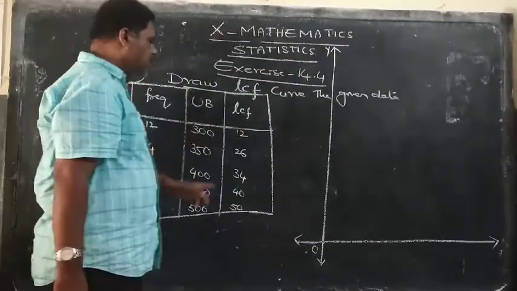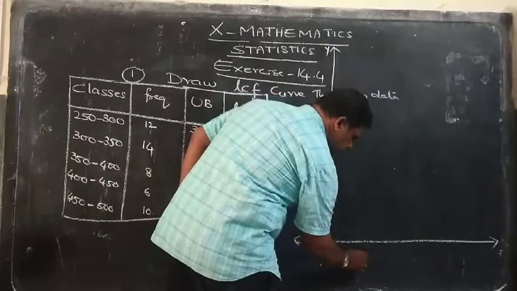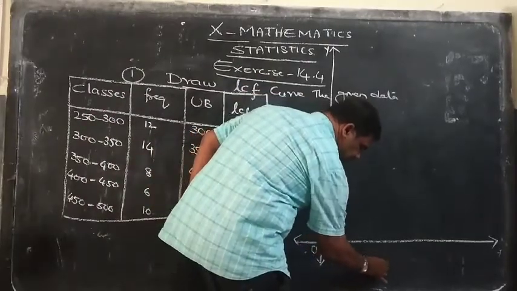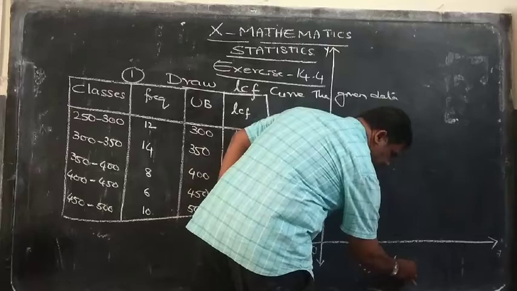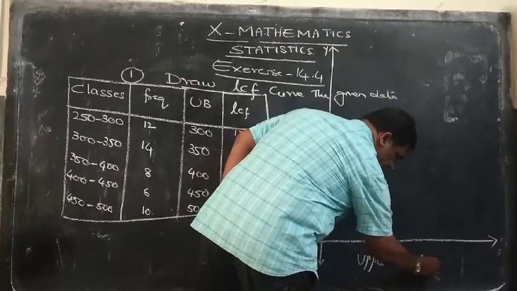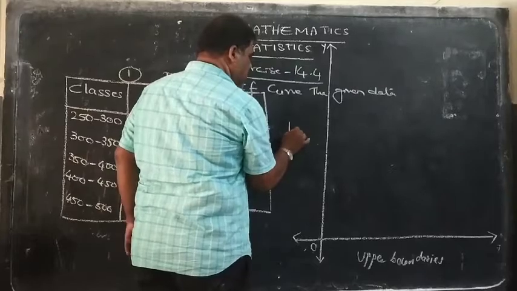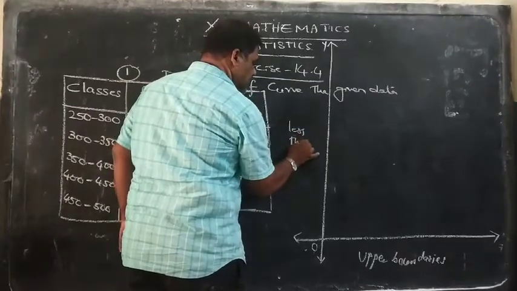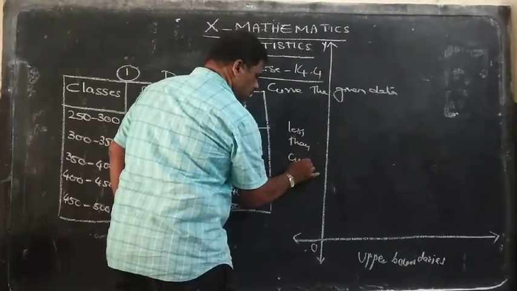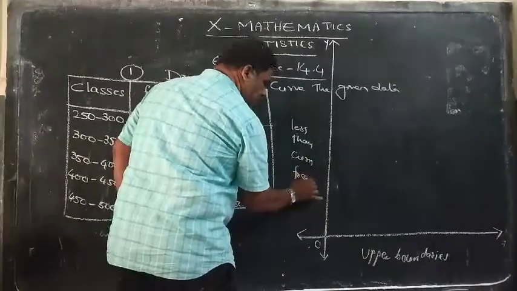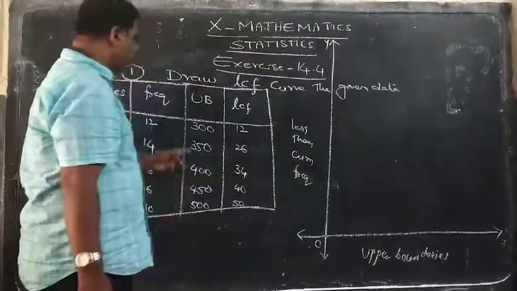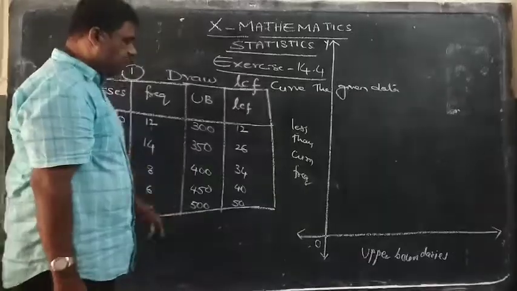Here, upper boundaries of classes we have to take on the x-axis. Less than cumulative frequency we have to take on the y-axis. Here, the upper boundaries are 300, 350 and so on.